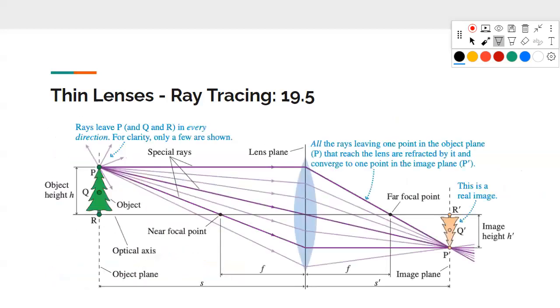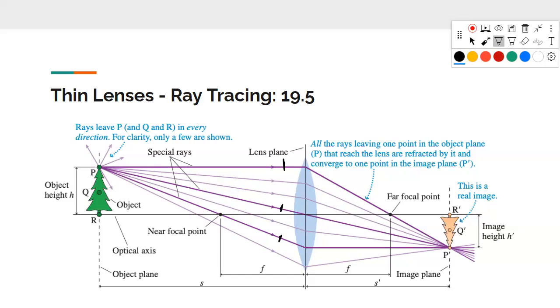But before we do, I want to show you this professional ray diagram where they drew the most important rays as the dark ones. You can see there's one here, one here, and one here. Those are the 3 that I expect you to draw in a ray diagram, but they also drew all the other ones, so you can see really what's happening to the light going through this lens.